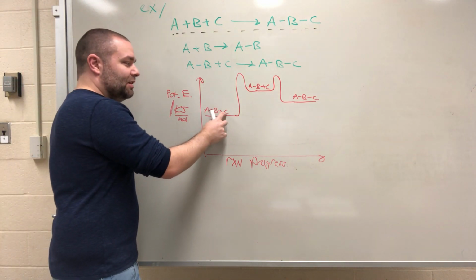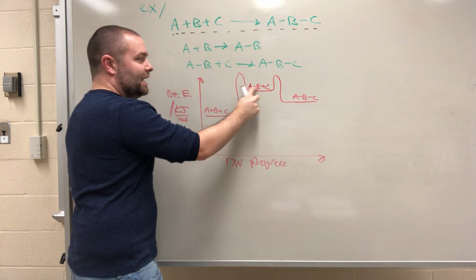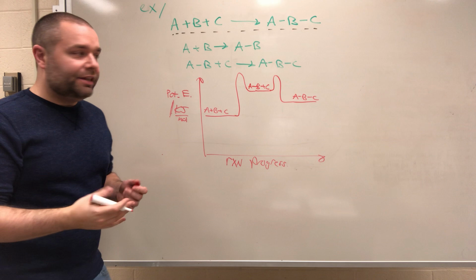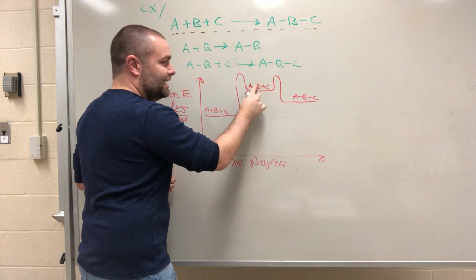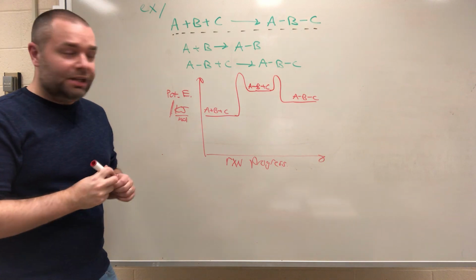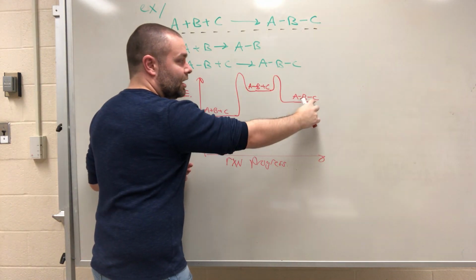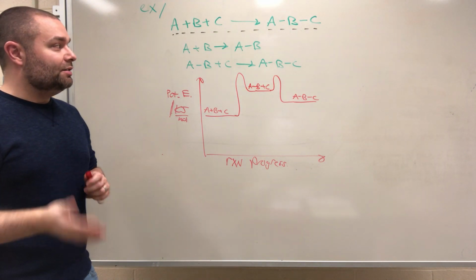This is saying A plus B plus C are all separate. A collision occurs, and I make A dash B, which means that they're bonded. That's a single bond there. C is still floating around by itself, but to get to the final product, C has to hit into A bonded to B, in the correct way. It has to hit B and not A. But it goes over another hump, and then you have your final result: A bonded to B, bonded to C.